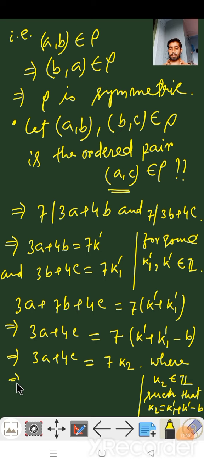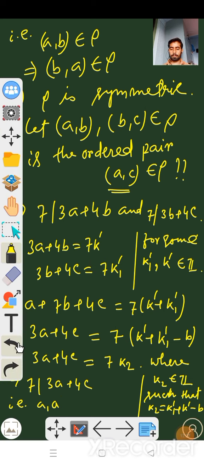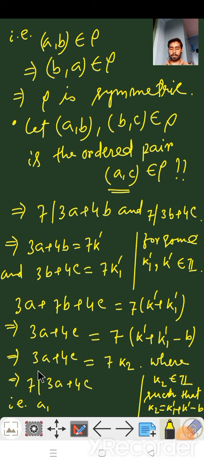This implies that 7 divides 3a plus 4c, that is, the ordered pair (a, c) also belongs to the relation rho.